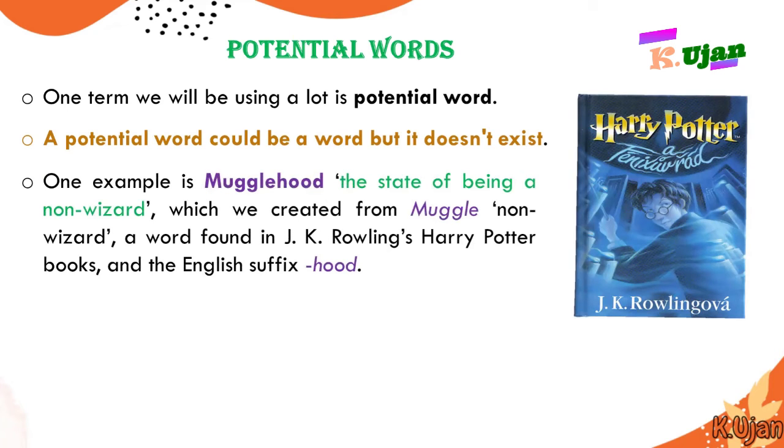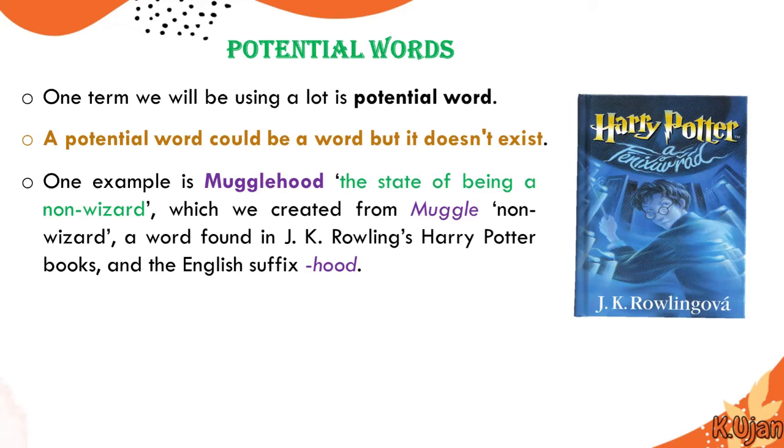Like the word Muggle-hood. This word is taken from the Harry Potter books. J.K. Rowling wrote this word, although it doesn't exist in any dictionary. Muggle-hood means the state of being a non-wizard, someone who does not have any magic. It was created from Muggle, a word for non-wizard found in J.K. Rowling's Harry Potter books, and the English suffix -hood.